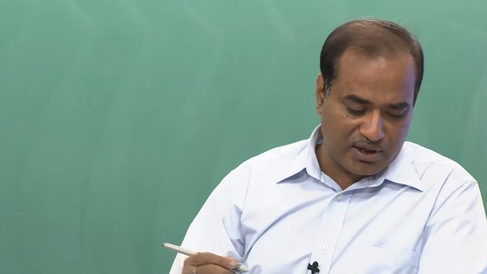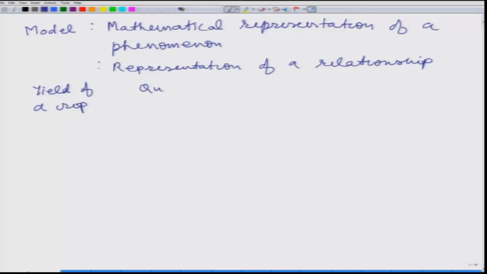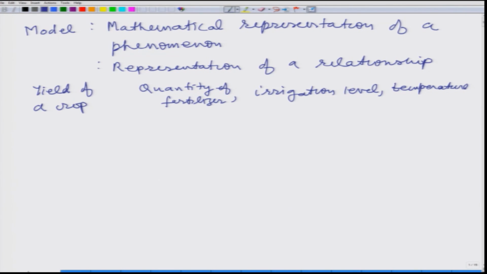Let me take some variables like quantity of fertilizer, irrigation level, temperature, and so on, right? Now, if I try to find a mathematical functional relationship between these three variables, quantity of fertilizer, irrigation level, and temperature, then this will be a mathematical relationship between yield of crop and these three variables.